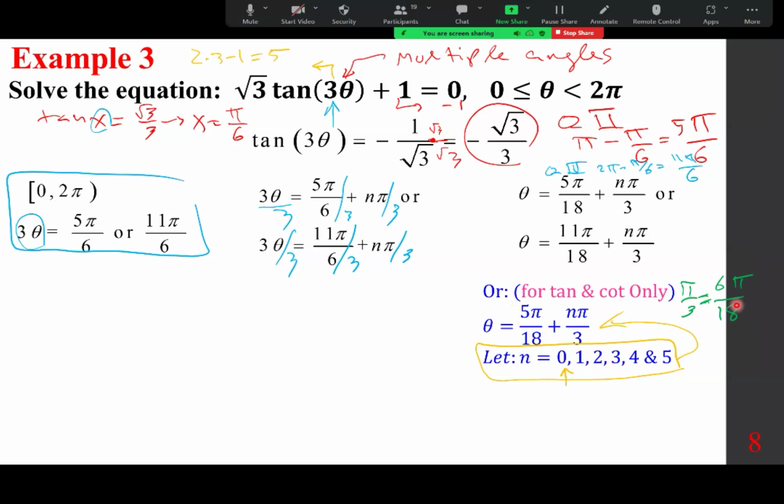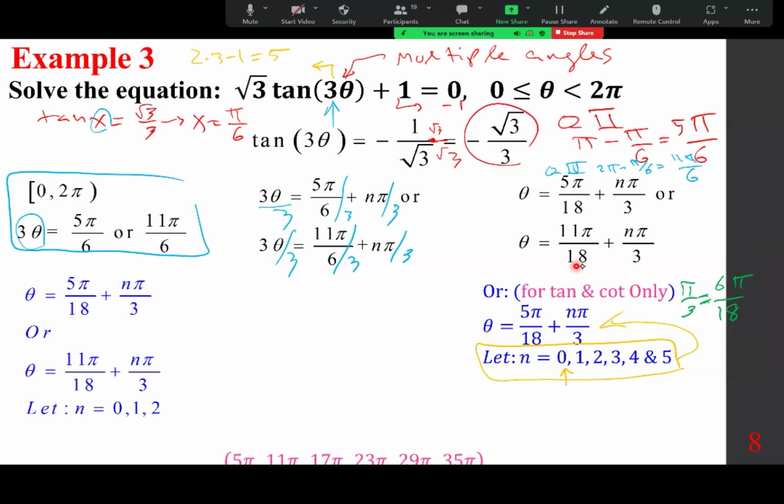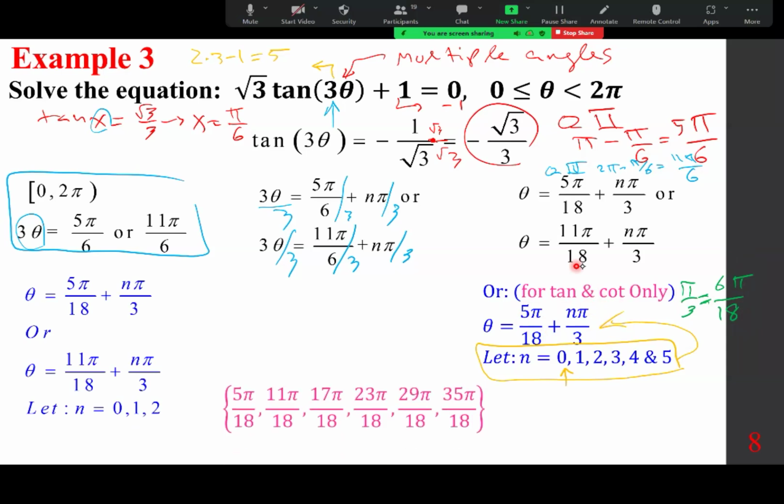If I put 2, I add 1 more of this, 17 pi over 18. If I put 3, I add pi. Remember, pi is what? 18 pi over 18. Okay, 18 and 5, 23 pi over 18, and 29 pi over 18, and 35 pi over 18. And these are the answers.